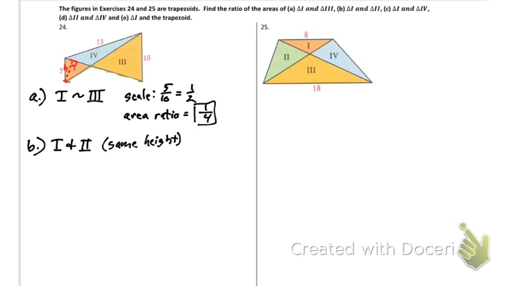In other words, if this was 1x, this length would be 2x. That's what that ratio means. So this length here to this here is 1 to 2. Well, when I bring this triangle back in, this is still 1 to 2. The ratio between this length and this length is still 1 to 2.